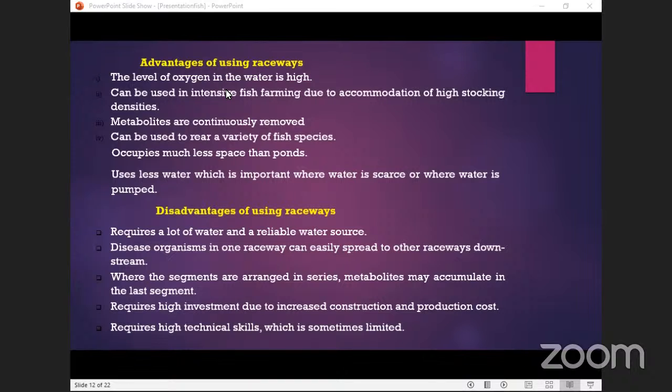These fish cannot look for their own food. And then the last point says, requires high technical skills, which sometimes are limited. Not everybody has the skill and knowledge to construct a segment. So those are the disadvantages of that method.